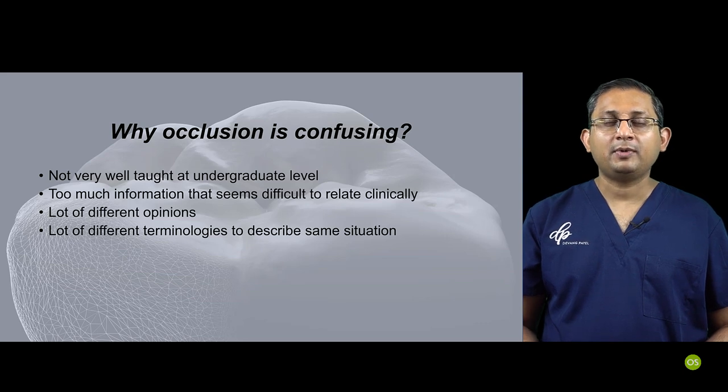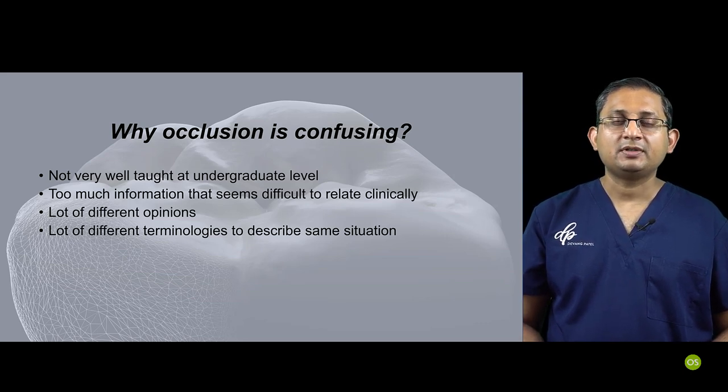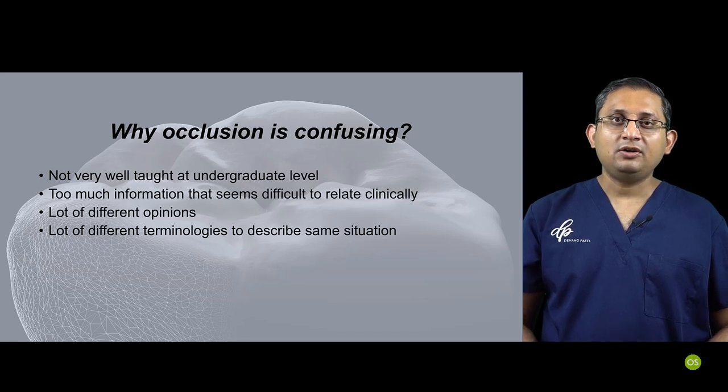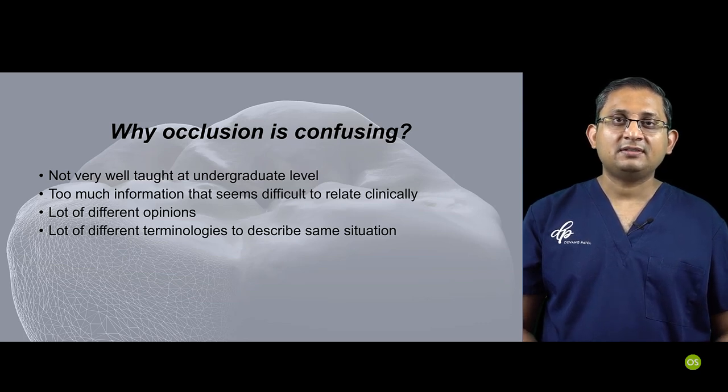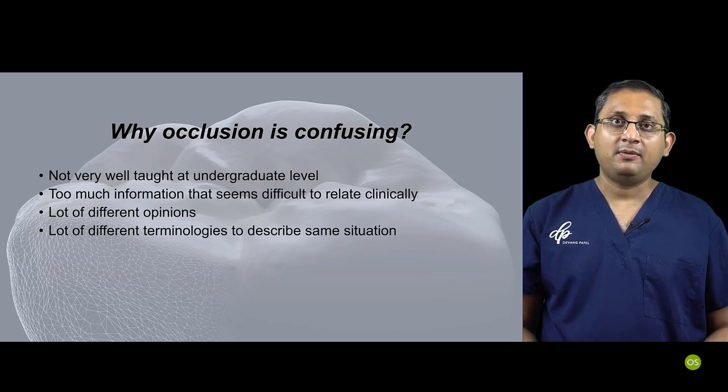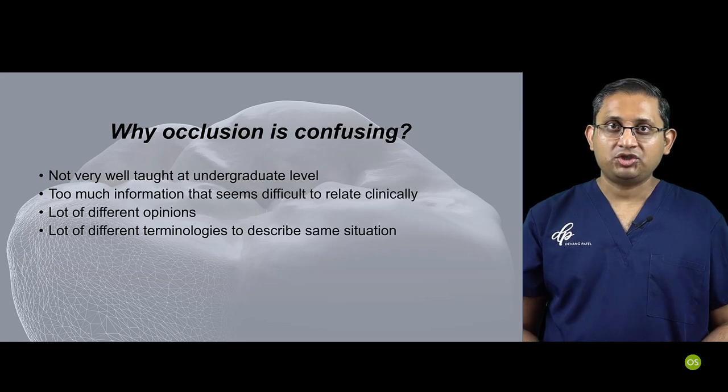If you look at the Glossary of Prosthodontic Terms in 2000, CO and CR were the same. So if you are discussing occlusion with a colleague who graduated before 2000, and you're describing what CR and CO are, they might get confused and argue back saying that they are the same. However, the way the terms are described has changed.